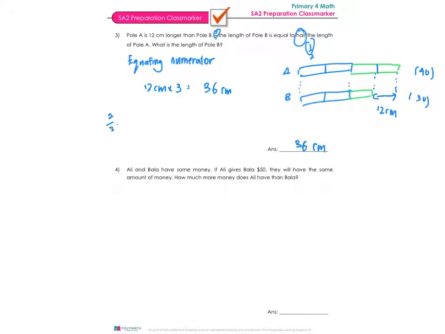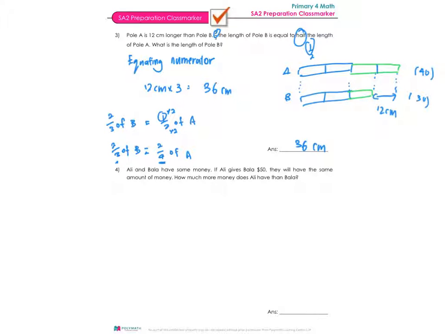To equate numerator, if you want to use the faster method, you simply write 2/3 of B is equal to half of A. Again, you are supposed to make the numerator the same. The concept is called equating the numerator. To make 1 and 2 the same, you simply change the 1 to 2. Rewrite 2/3 of B, and half will become 2/4 of A. So you can see this unit 4 and this unit 3.